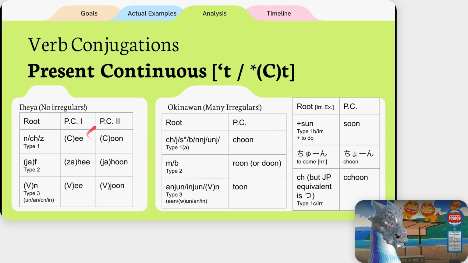For type 1 verbs, these type categories don't matter. It's just one way I personally categorize them, so you don't have to memorize that part. But if you have nun tun endings, basically it just ends up being an a form, the on form.